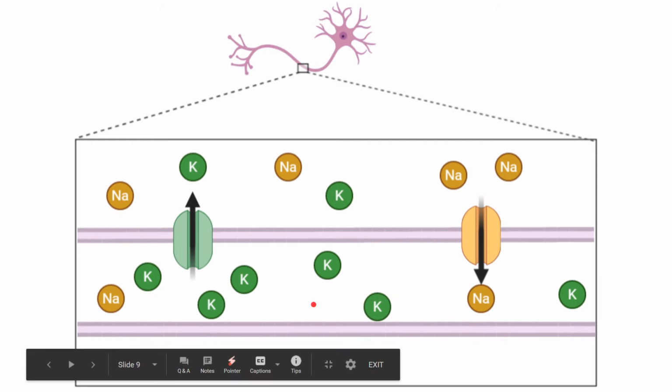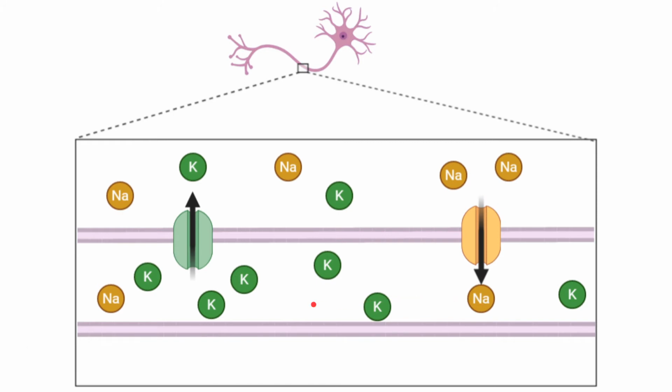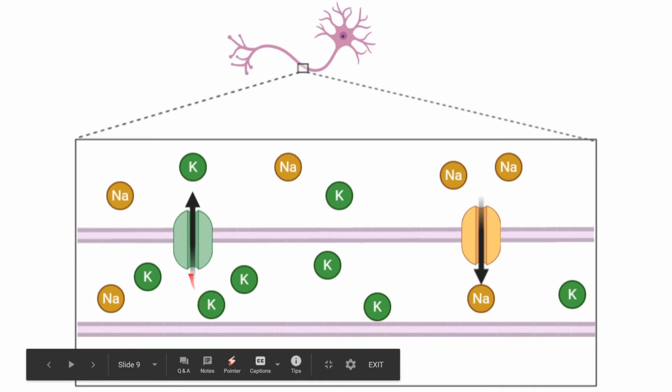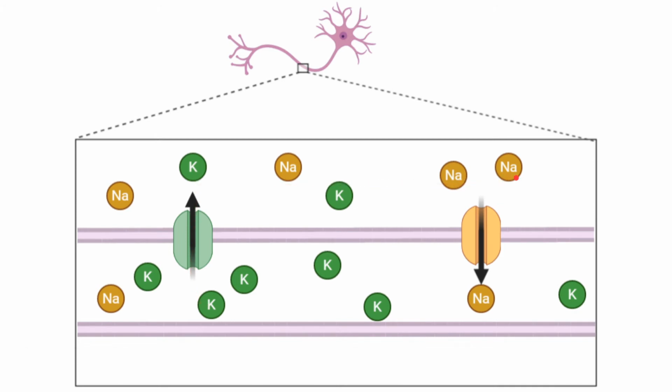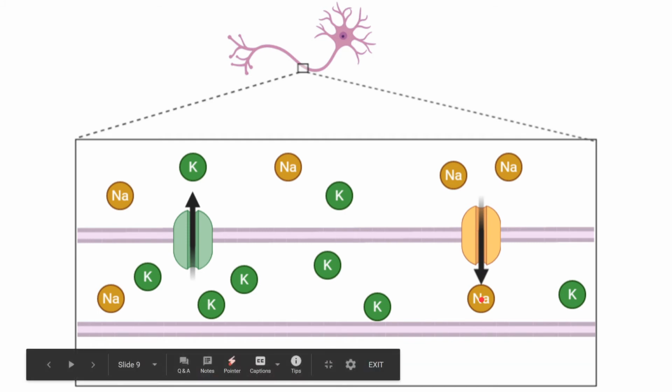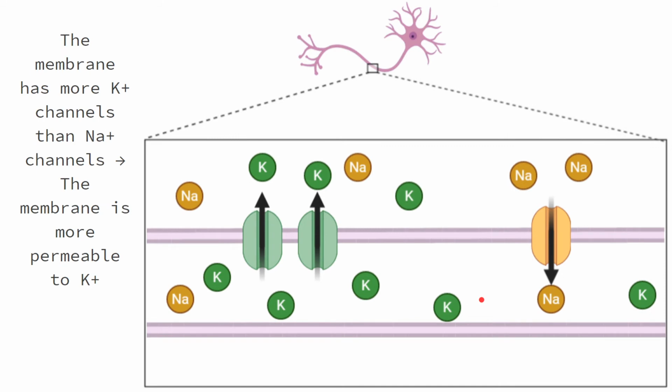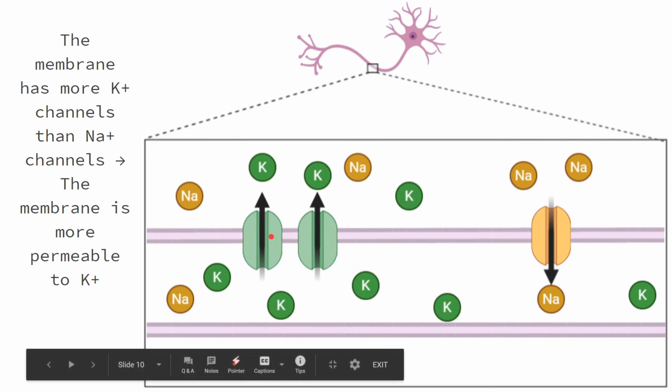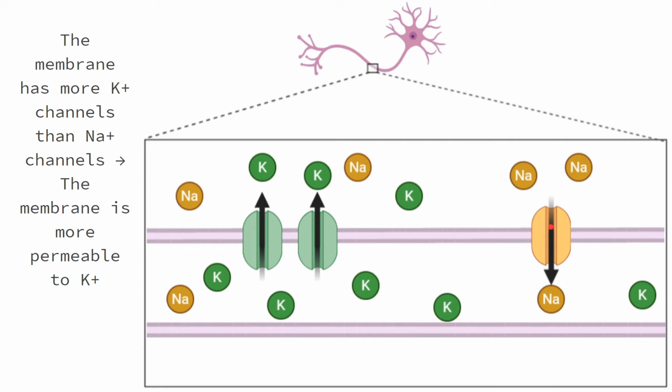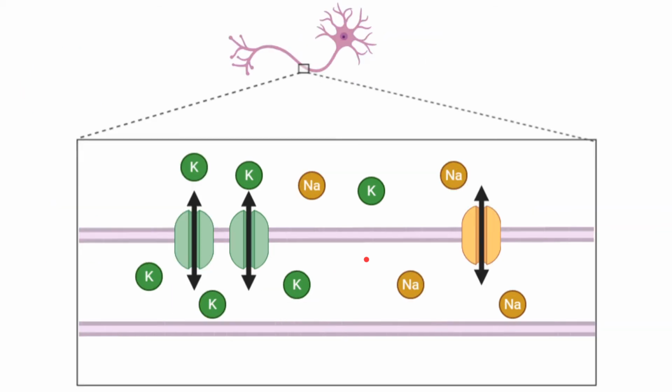So we can think of it in terms of what the ion wants to do. Potassium naturally wants to flow out down its concentration gradient. Sodium naturally wants to flow in, which is down its concentration gradient. However, in reality, there are more potassium channels and fewer sodium channels, which makes the membrane more permeable to potassium.